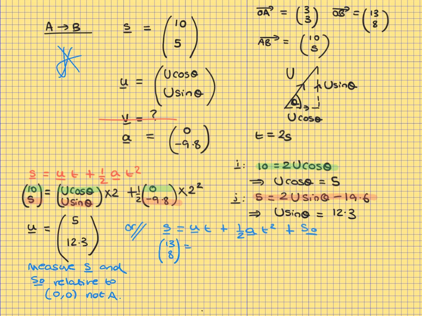U is still our velocity vector, u cos theta, u sine theta multiplied by 2, plus a half of the acceleration vector, 0, negative 9.8 multiplied by 4. And we have to add on our initial displacement for A. So this vector here is, of course, equal to the position vector of A to begin with, so that is 3, 3, and you can see straight away when you subtract the 3, 3 vector from both sides, you will actually come straight back to this vector equation here. So it will work out to give you the same answer as previously.